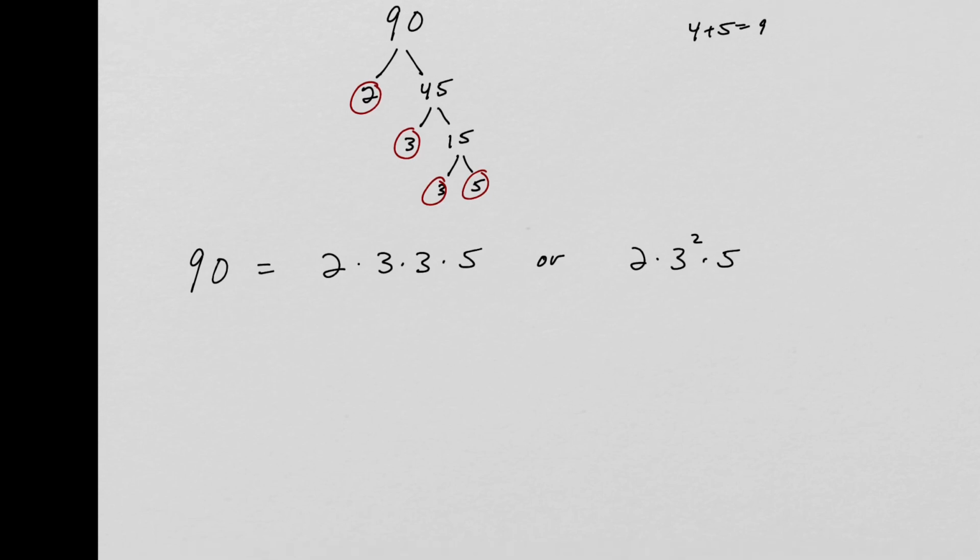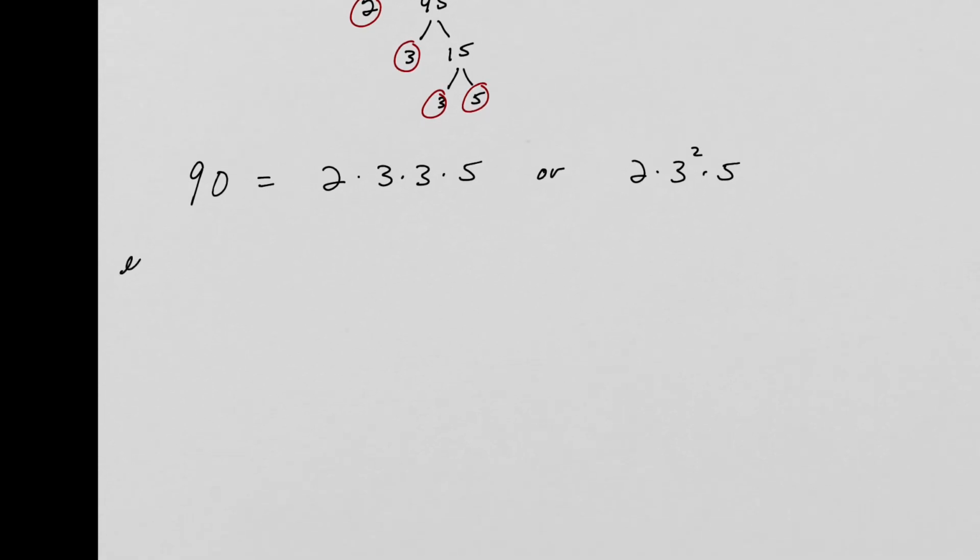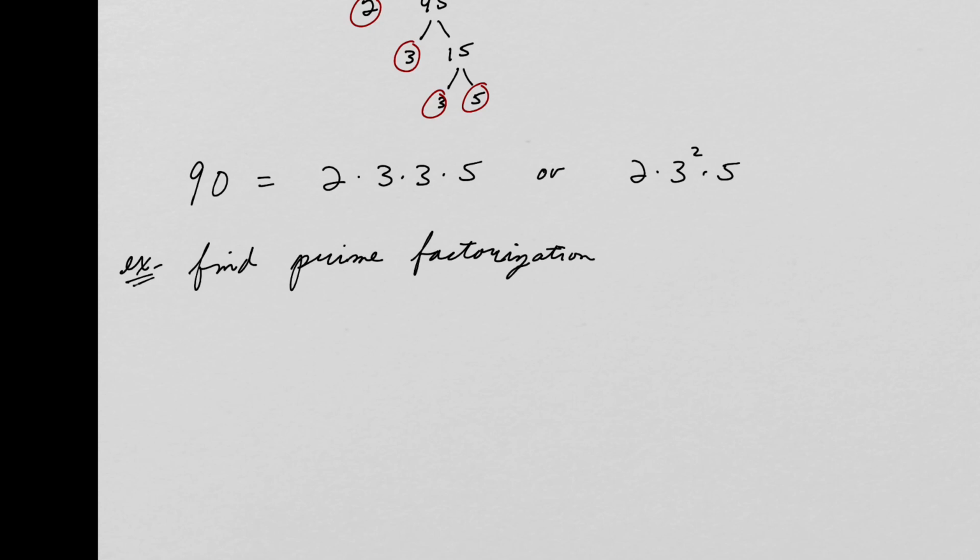Okay. What about the prime factorization of 63? So I start with 63, branch off. Does 2 go into 63? No, right? It's not even. Does 3 go in? Yeah, it has to, right? Because the sum of the digits, 6 plus 3 is 9, and 3 goes into 9.